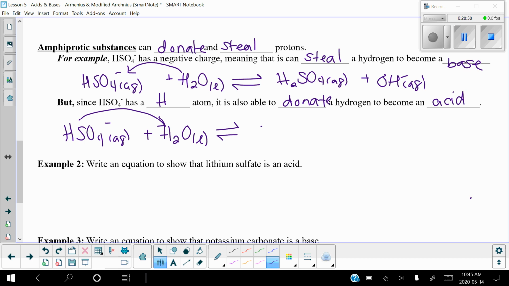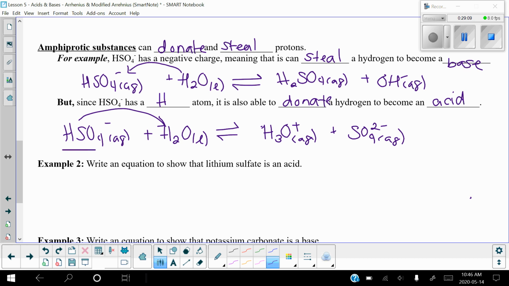It becomes H3O plus, so that the water gained, so it became hydronium. And because this substance lost a hydrogen, it becomes SO4 2 minus. Remember, when you lose positivity in your life, you become more negative. So notice how this substance can go both ways.